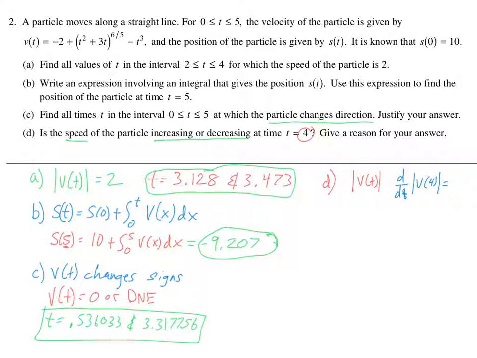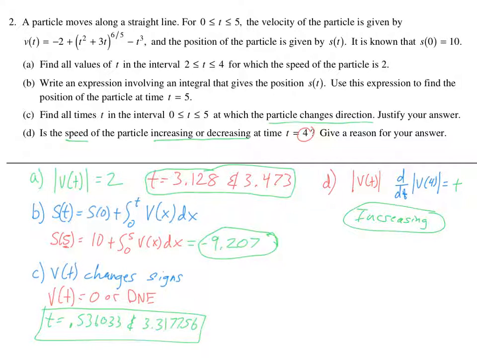It's saying the slope of the absolute value graph at 4. There are different ways of looking at it, but in the end, this is what you're asking for. And the answer is it's increasing. So what that means is your answer would have been positive. So my answer is increasing.